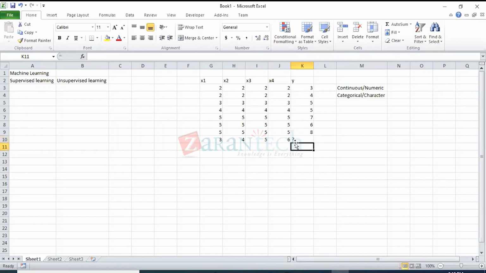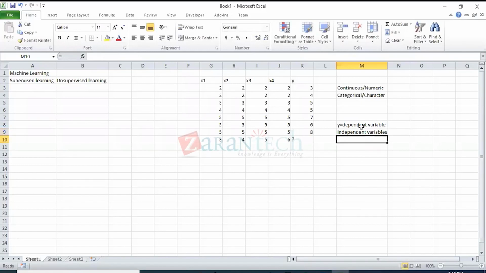What we are trying to predict is y, so y becomes my dependent variable, and the rest of them become independent variables. I'm just writing it down so that if you want to make a note of it, you can.